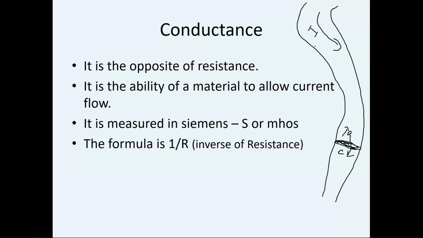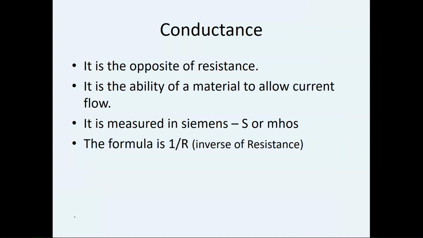Most commonly we call it Siemens, and the way we write that is just with a big S. We talked about this again, but the formula is that your conductance is equal to the inverse of resistance. The inverse of your conductance is your resistance, and the inverse of your resistance is your conductance.